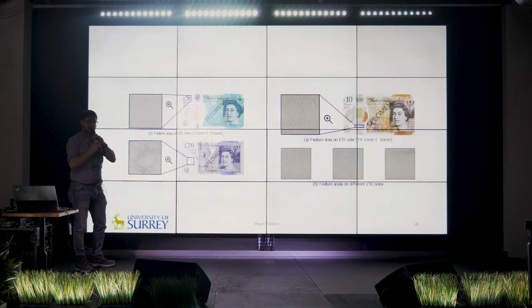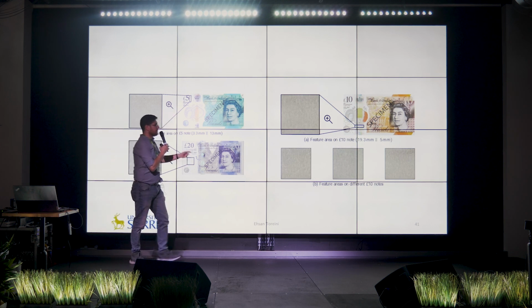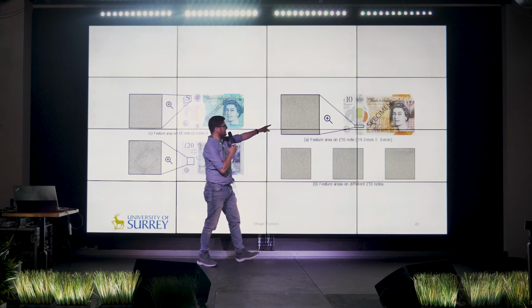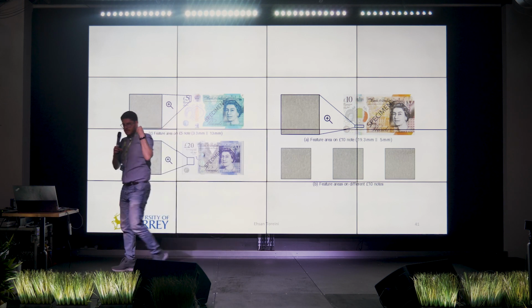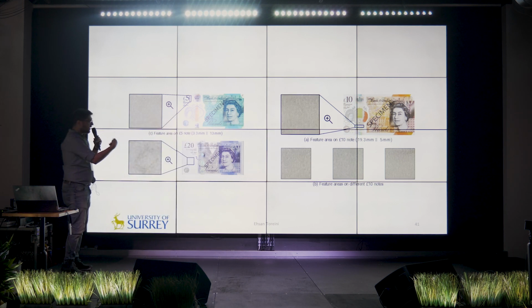So next time you hold a banknote, just look at the translucent parts. I put the areas that we investigated, and you can see the air bubbles are quite different in all of these. That was a good indication for us that, although it is translucent, we can still work on the fingerprinting.